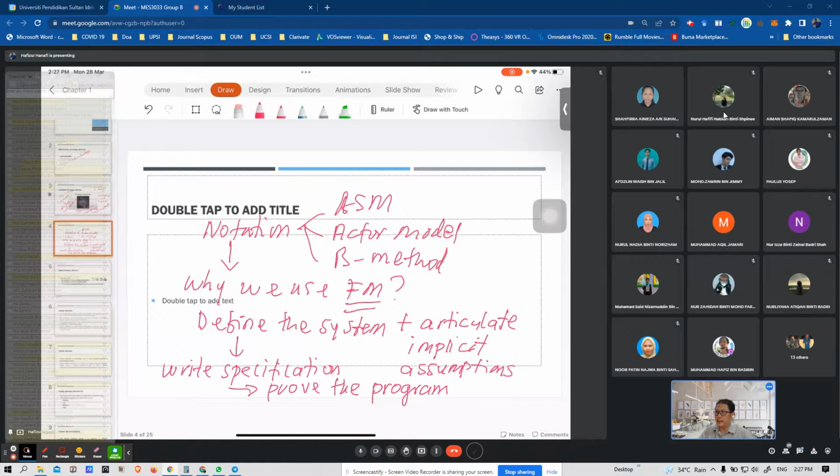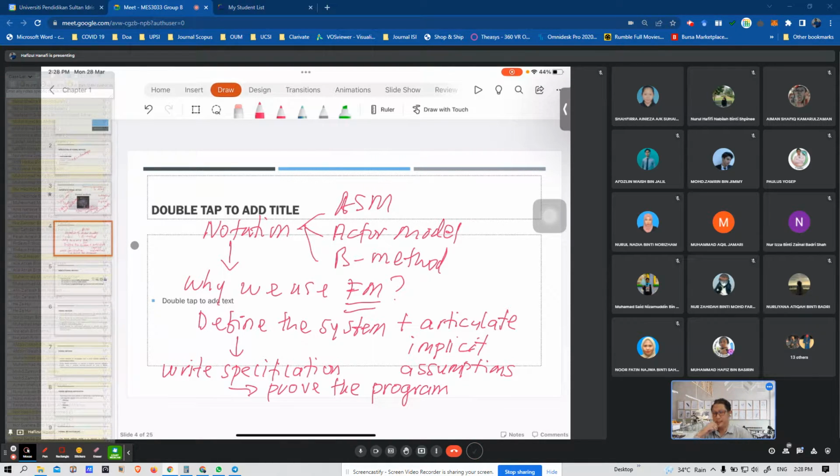Okay, and then the main question that you might ask: why is formal method required for software development? Okay, why? Agak-agaknya siapa tahu? Fatin, why? Why is formal method important and required for software development? Kenapa?